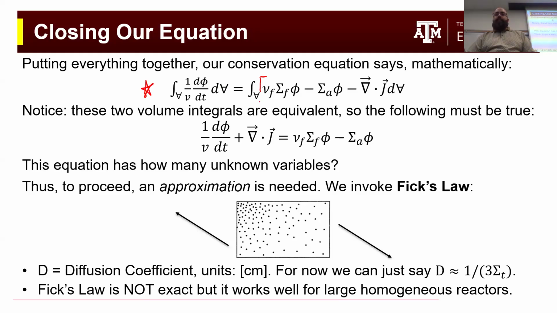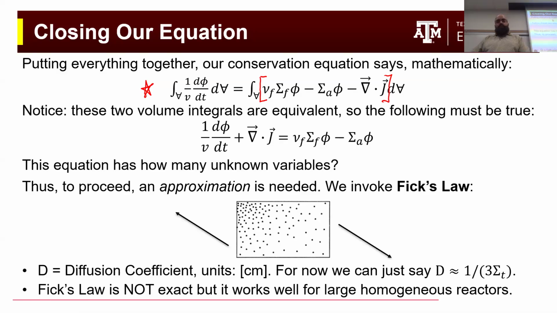All of these terms on the right-hand side are inside of the same volume integral. So this function on the inside of this volume integral equals this other function on the other side. And that means that the volume integrals are equivalent, so their insides are equivalent. So now I have a differential equation that has been simplified, and I've gotten rid of all of my integrals.